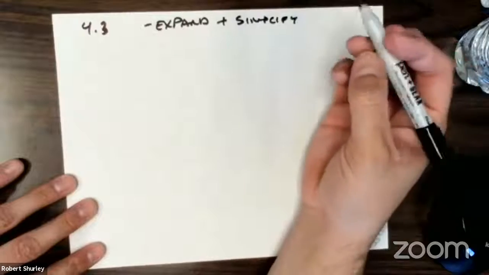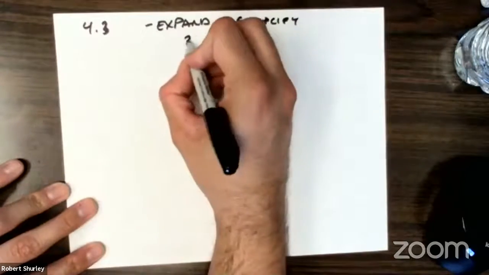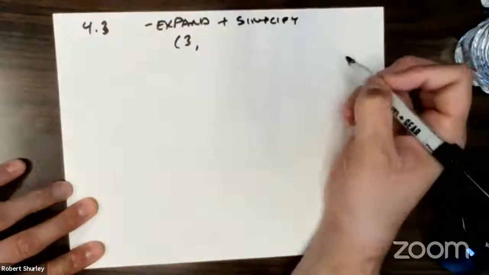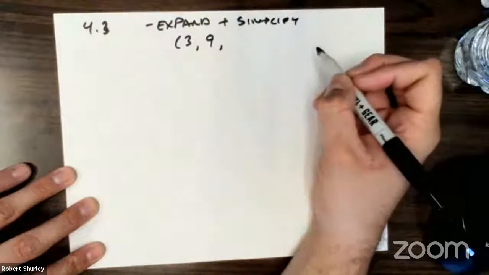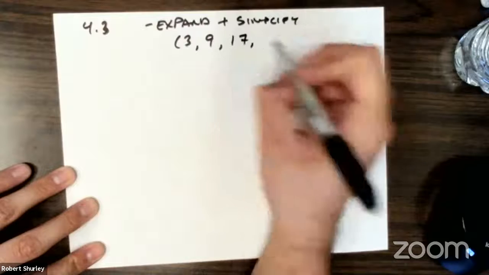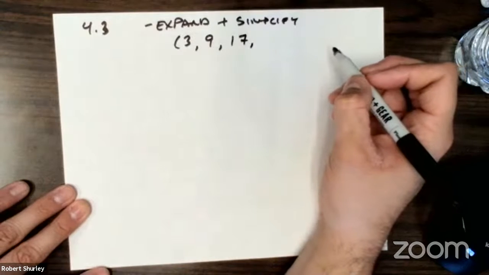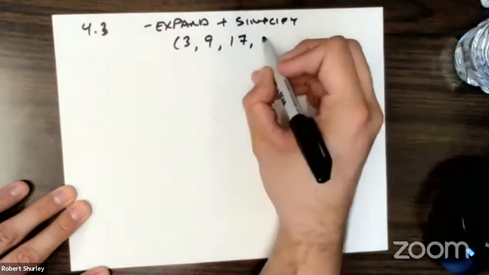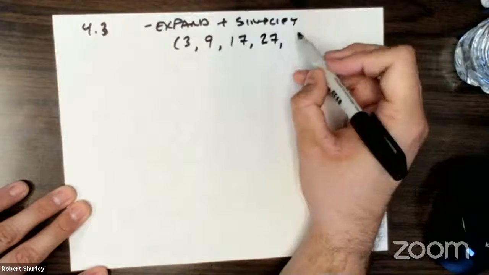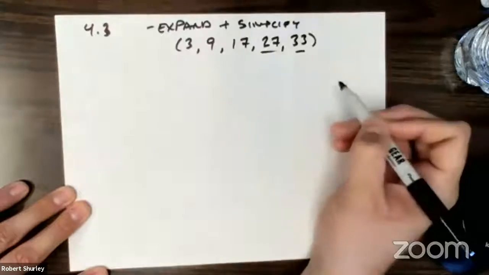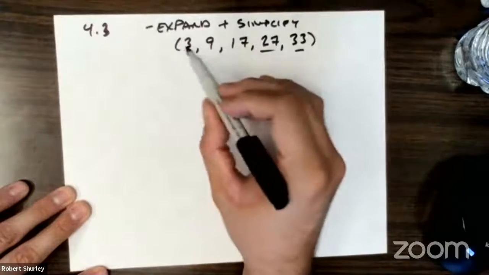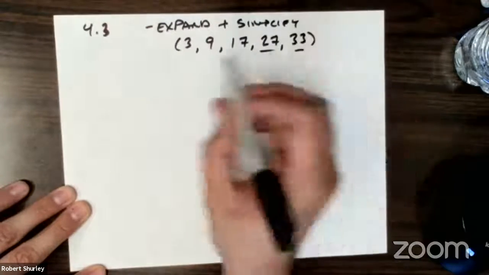Good examples of these would be number 3, number 9, number 17, and then to combine them, like 27 and 33. Those last two combine all three of these rules.